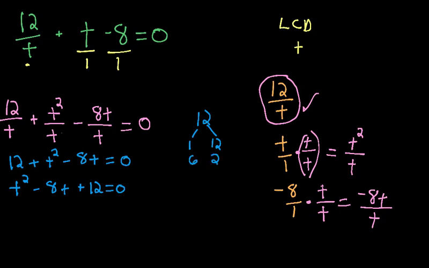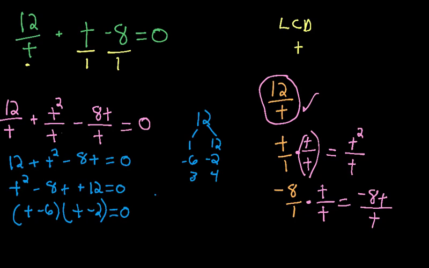Let's say we had our factors 1 and 12, 2 and 6, and 3 and 4. For 2 and 6, we need a positive 12, so both of these can be negative. So let's rewrite this as t minus 6 times t minus 2 equals 0.